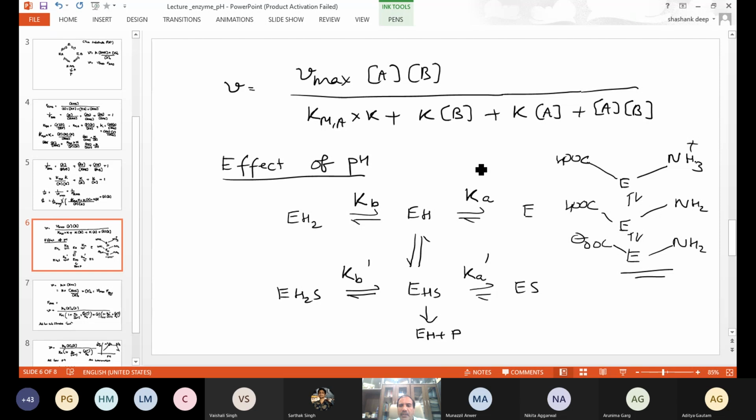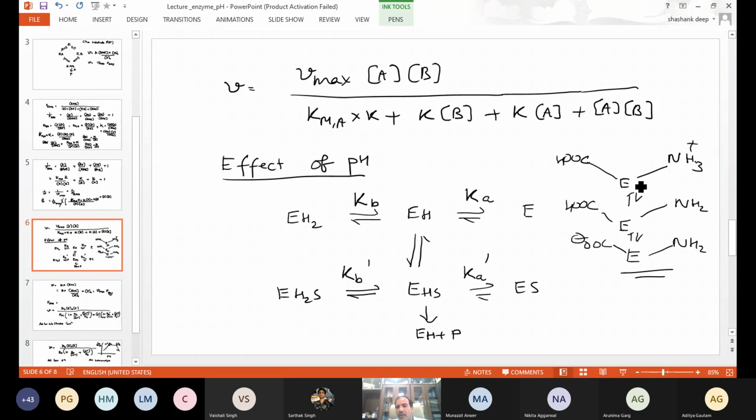So if you remember the protein, how does it exist? There is an amine group here and a COOH group. This is called the carbon terminal, and this is the N terminal, because it is a polymer of alpha amino acids.